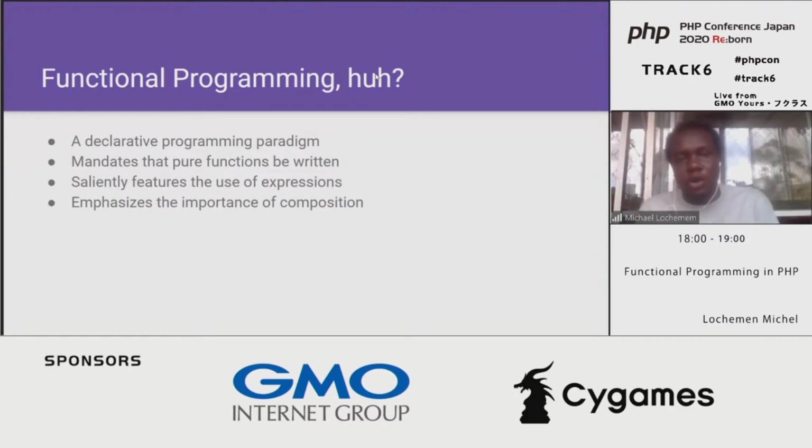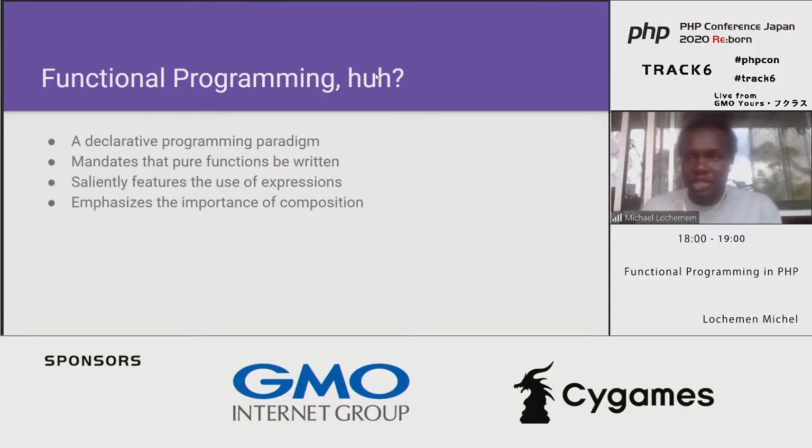Okay, so functional programming. What is it? It's a declarative programming paradigm, which means that a lot of focus in functional programming is on specifying what you intend to do. That doesn't necessarily mean that you don't focus on the core semantics of what you're trying to achieve, but it's declarative in the sense that you're always writing abstractions.